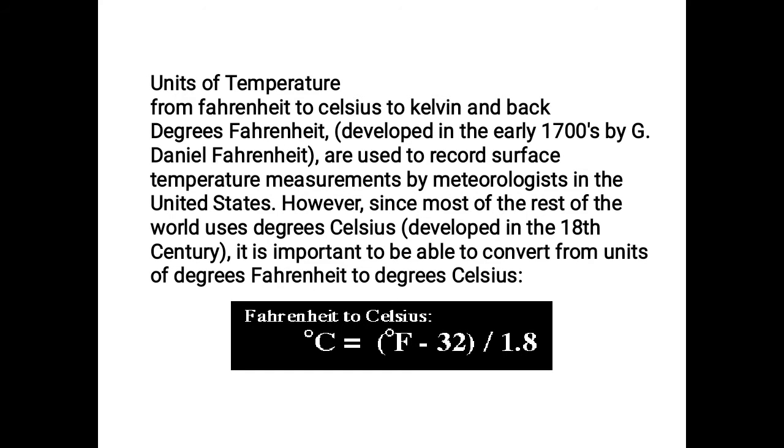Standard units used in temperature. Units of temperature, from Fahrenheit to Celsius to Kelvin and back. Degrees Fahrenheit, developed in the early 1700s by G. Daniel Fahrenheit, are used to record surface temperature measurements by meteorologists in the United States.